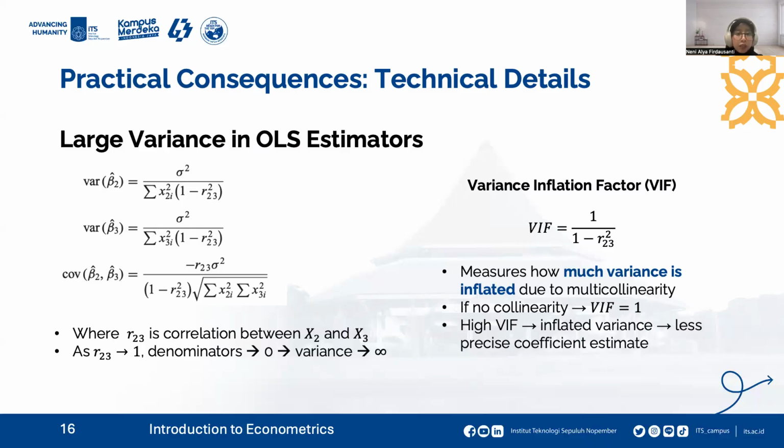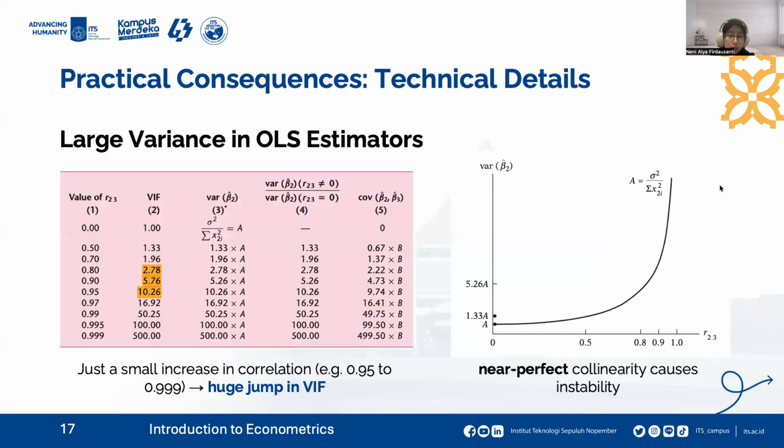It's calculated as 1 over 1 minus the R squared of this one, r_23 squared. The VIF value measures how much the variance is inflated due to multicollinearity. If it's small, which means we don't have multicollinearity, VIF will be equal to 1. If we have a high VIF, your variance is inflated, and your coefficient estimates will be less precise.